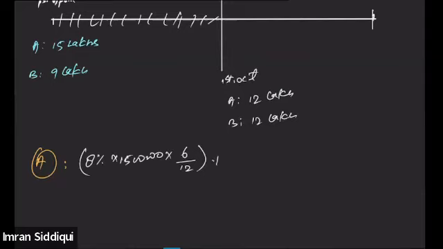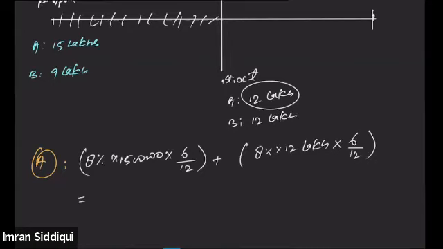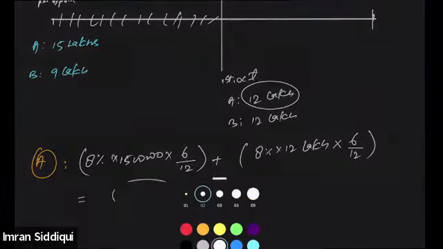And for the rest of the year, he maintained a capital balance of only 12 lakh. So he will be getting 8% interest on 12 lakh for the remaining 6-month period. Got it? So when you calculate it and total it, you will find that the sum total will be 1,08,000. Is it clear to you now?